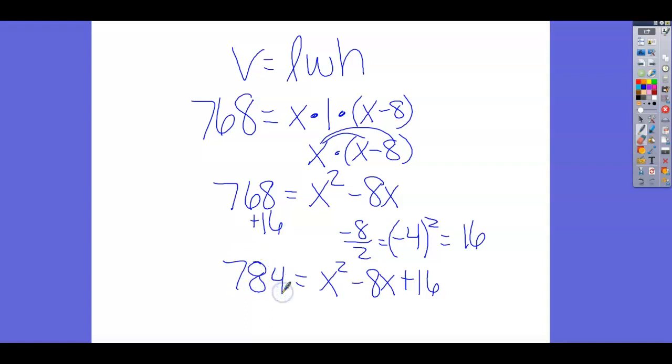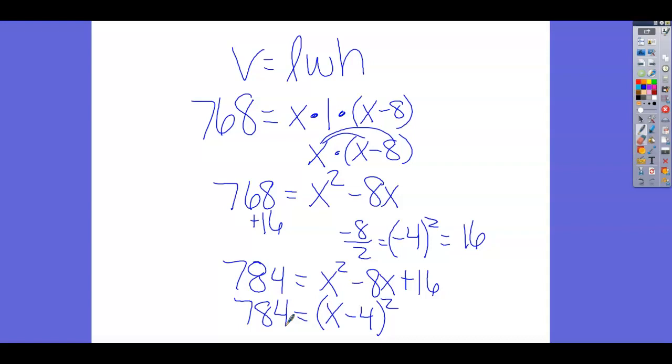Okay. So then I would factor this. So what would I use? Negative 4. Negative 4. And then I'd have this. So what would I do to solve? Square root both of them. Square root.